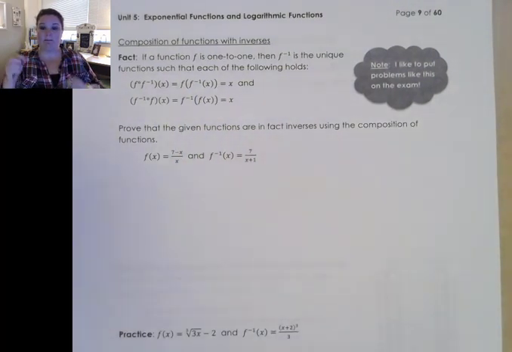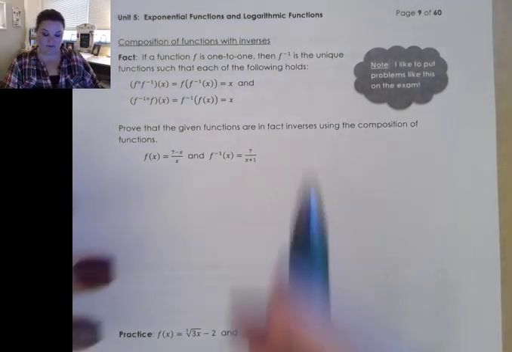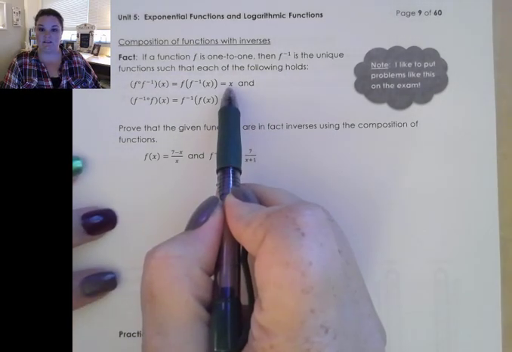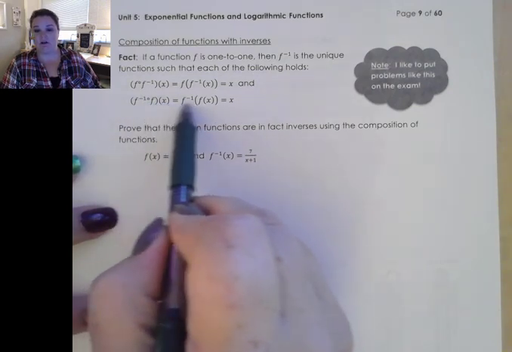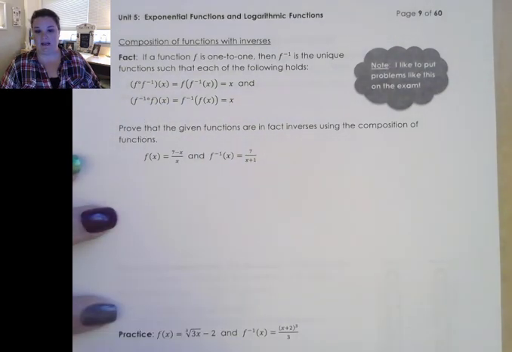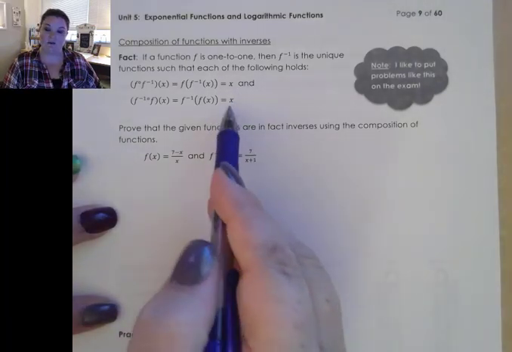The cool thing about plugging a function into its inverse is everything should simplify out to where it just equals x. Same thing if you do an inverse composed with the original, it should all simplify down and just equal x. Okay, so that's how we can prove that two functions are inverses, by just composing them both directions and showing that it equals x.